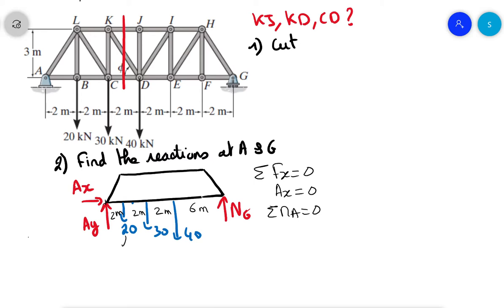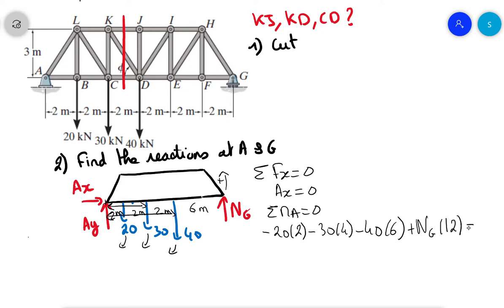We have these forces going in the negative direction. So minus 20 times 2 for this one, minus 30 times the distance from A, which is 4, minus 40 times the distance from A, those 6 meters together, and NG is rotating in the positive direction, so plus NG times 2 plus 2 plus 2 plus 6, so 12 meters. It's equal to 0.